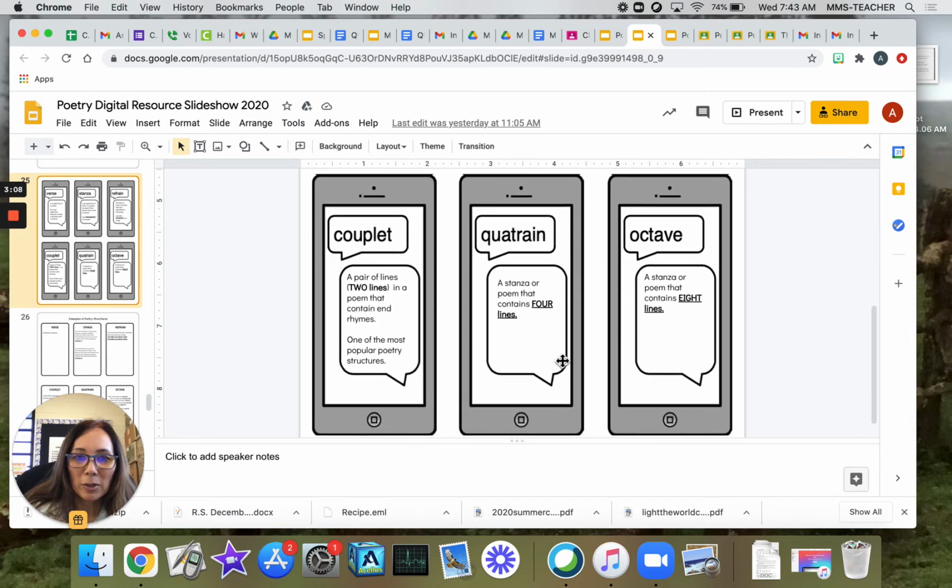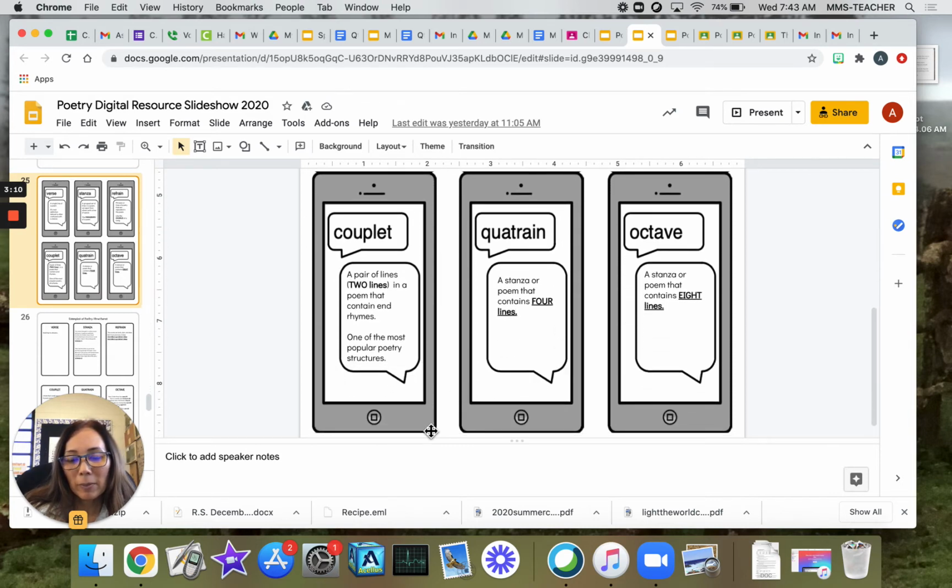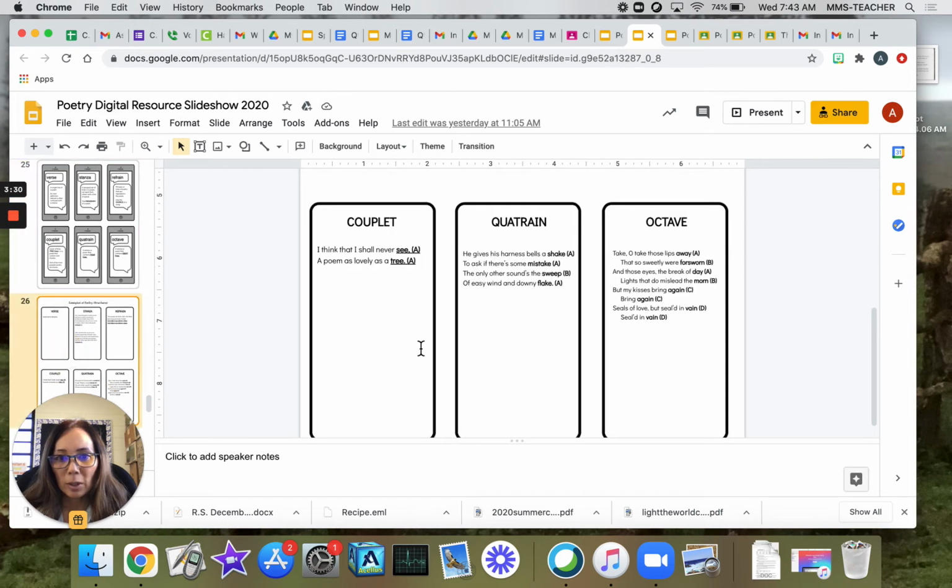Okay, the next term, couplet: a pair of lines, two lines, in a poem that contain end rhymes. So you remember, end rhymes are those rhymes where the words at the end of the line rhyme. This is one of the most popular poetry structures. So let's look at the example that's underneath.